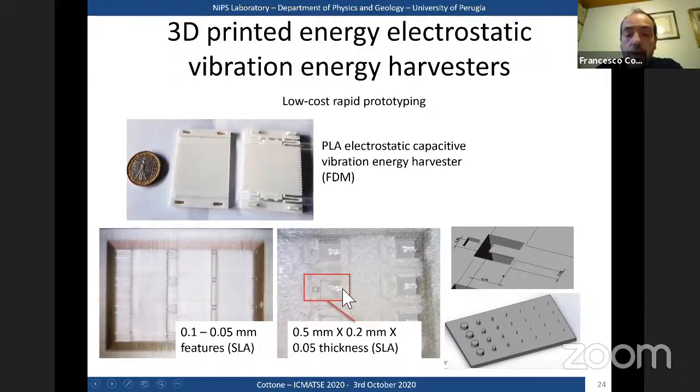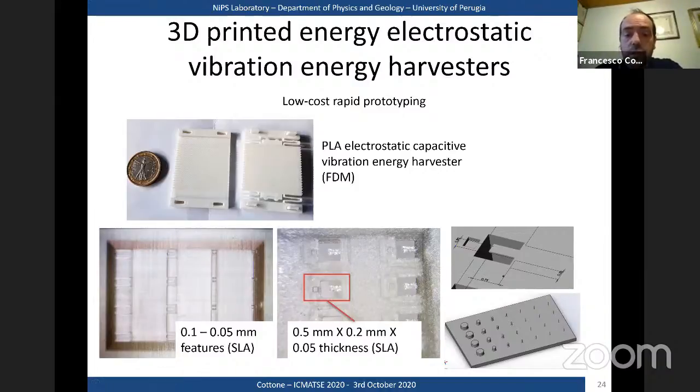We achieved very small cantilevers below 1 millimeter by 1 millimeter of length and of 0.1 millimeter of thickness. Actually, we reached 0.05, so 50 microns of thickness for this kind of cantilevers. Then this will be electroplated and will be charged with a corona discharge. So we are doing research on this.